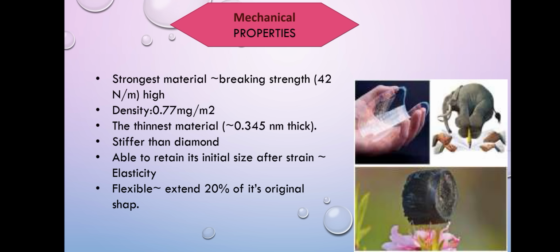Stiffer than diamond. They are very stiff, able to retain initial size after strain. Elasticity, flexible, can extend 20% of its original shape. As you can see on this screen, a hand is stretched, and you can see this is flexible.